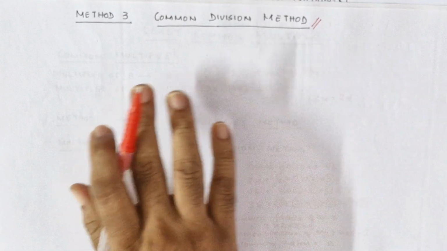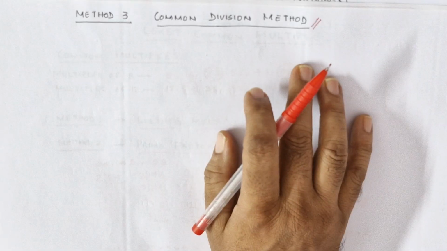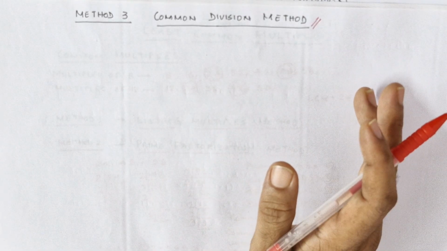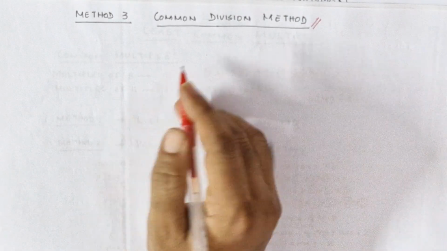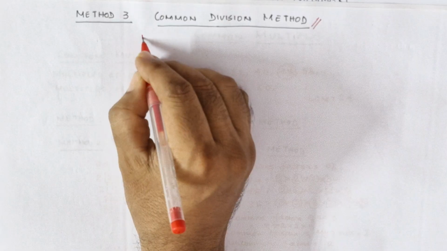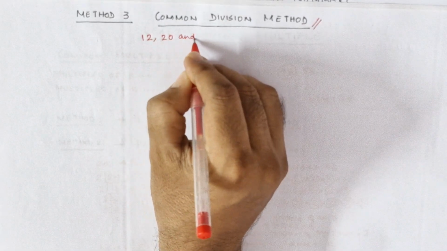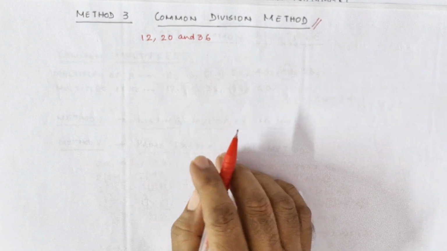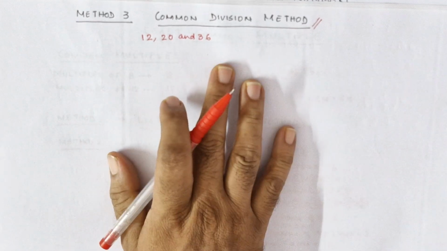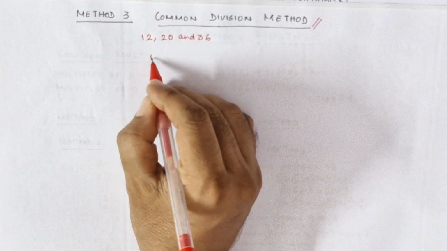This is one of the easiest ways to find the LCM of any sort of numbers. So we'll take 3 numbers, 12, 20 and 36, and we'll try to find the LCM of these 3 numbers.